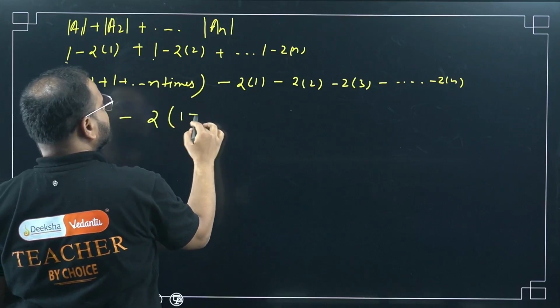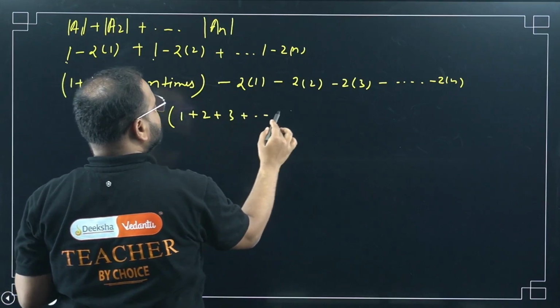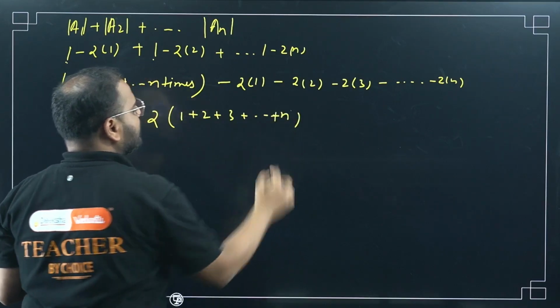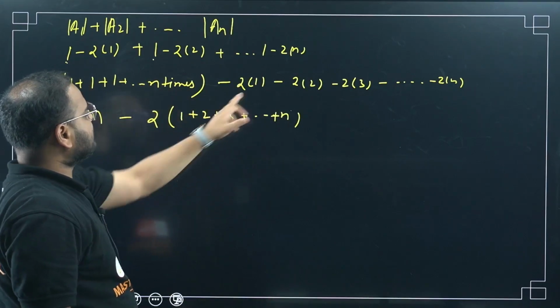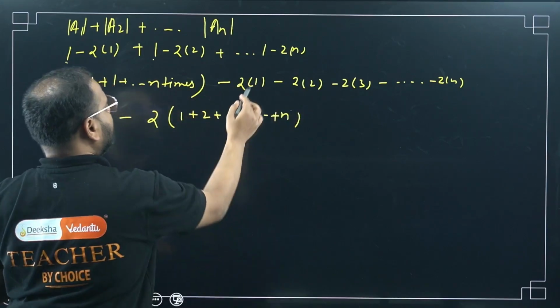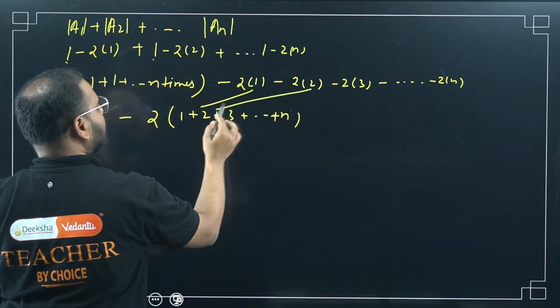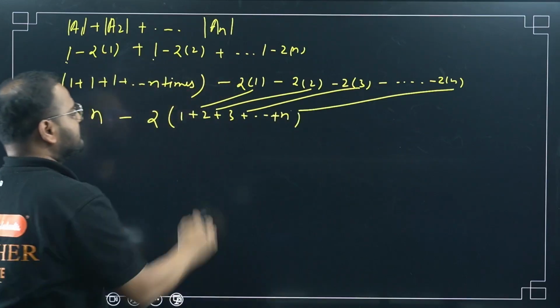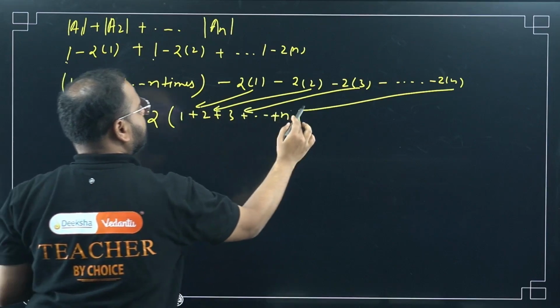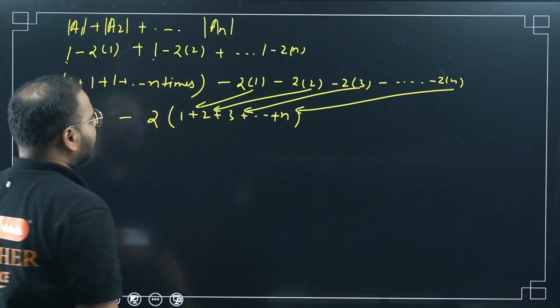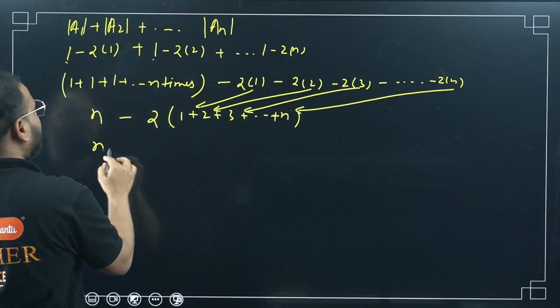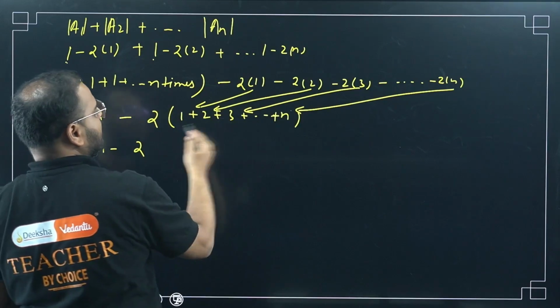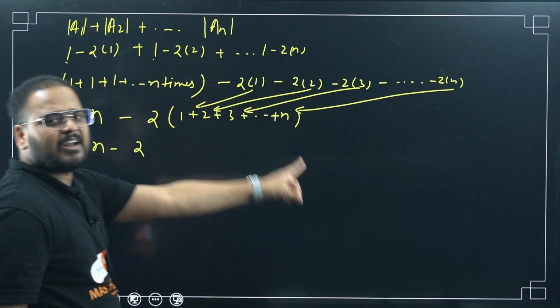I'll get 1 plus 2 plus 3 plus up to n. So what is this, bachcha? Tell me here. Sum of first n natural numbers.